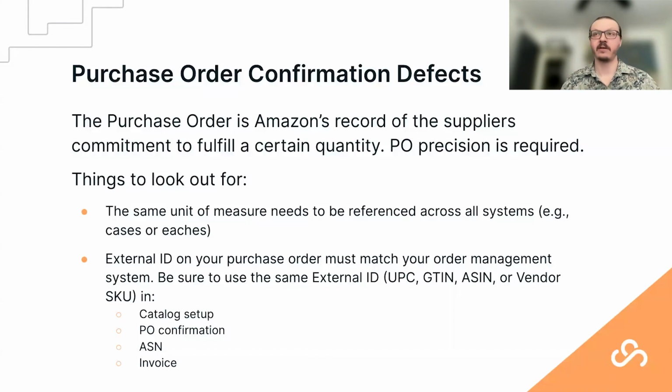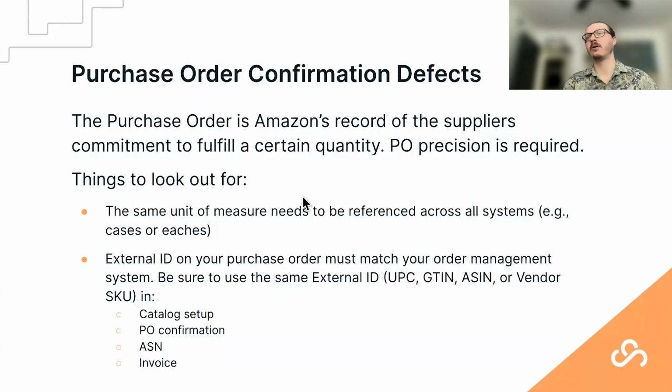Because if there's problems in the confirmation step, aka you confirm an item with incorrect attributes, whether that's the cost, case pack setup, the external ID, if there's any sort of downstream disconnect between what you've confirmed there, it's almost certainly going to cause some type of issue, whether that's with the shortage claim or even potentially with compliance or chargebacks. So something to keep in mind.